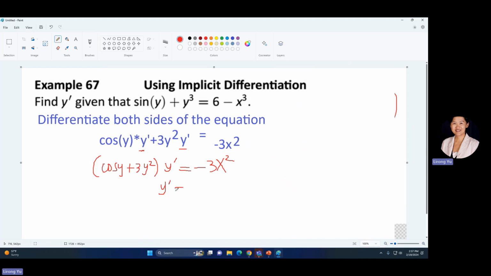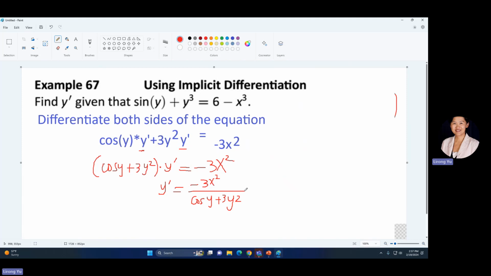So y prime is now equal to negative 3x squared divided by the extra factor that was multiplying y prime, which becomes a coefficient we divide by, so that y prime can be by itself.